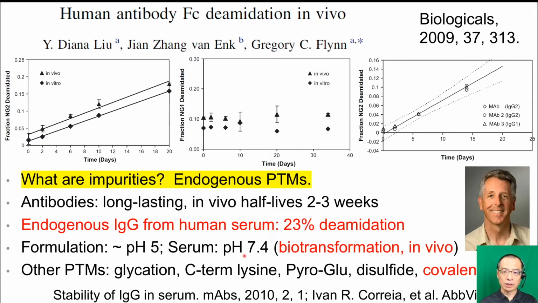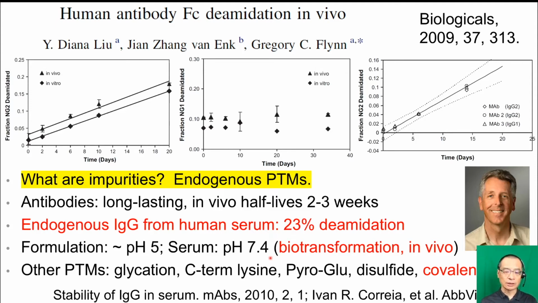In other words, you can control the impurity, in this case the deamidated product, very well in formulation condition, but once we inject into a human subject, they deamidate very fast. And then how do we consider which one is important, formulation stability or in vivo stability?